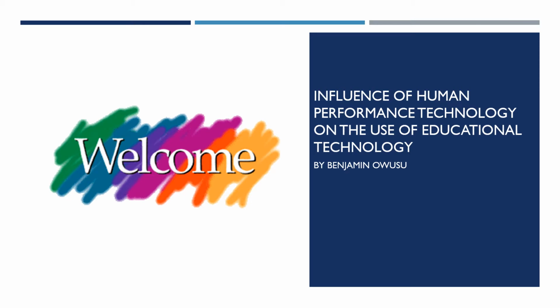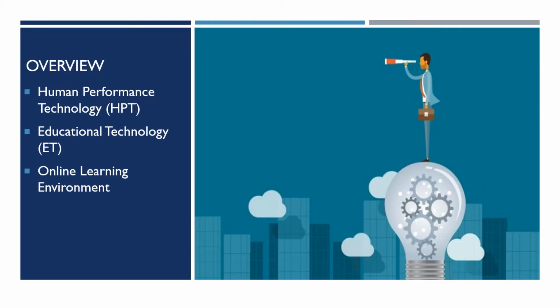In this presentation, I'll walk you through the influence of human performance technology on the use of educational technology. The focus will be in the field of online learning environment. Now let's get started by looking at human performance technology, educational technology, and online learning.